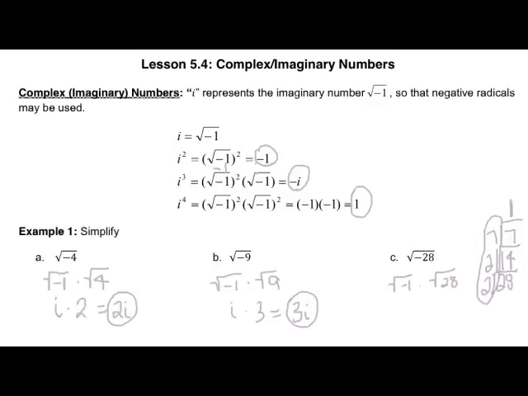So notice we have a group of 2's, so we know that the square root of -1 is i. We're multiplying all these together, so we have a 2 on the outside, and then still underneath the square root we have a 7, because the 7 doesn't have a pair with it. And then we can just rewrite this as 2i times the square root of 7. So we always put our coefficient in front of our i, just like we would a variable, and then the square root comes after that.